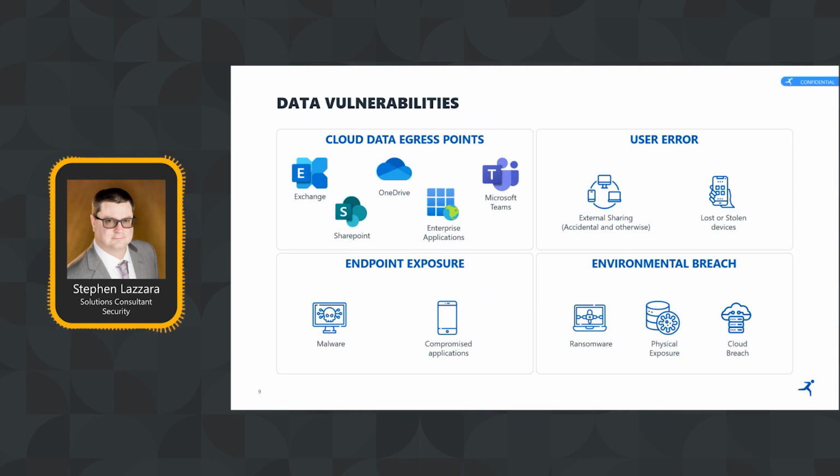Each and every one of these potential breaches, including these cloud breaches, can lead to a full environmental breach. That includes ransomware being inserted into your environment and locking it down, physically exposing your environment to something corruptive, or just the data leaking out that you don't want leaked out into the internet or the wild as it is.